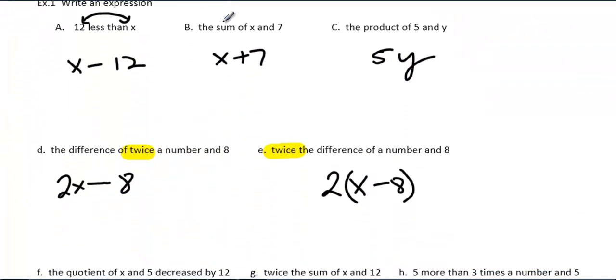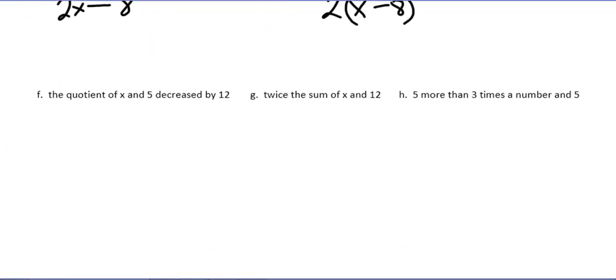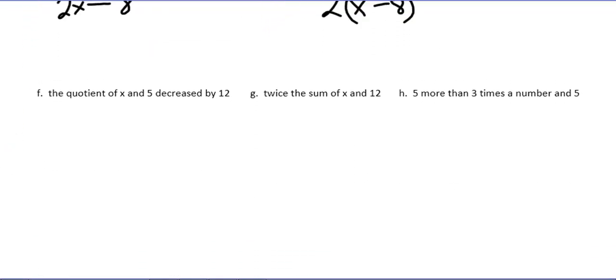Notice in example B, previously, up here, there were no parentheses used. There were no parentheses used in D, because neither one of these had an operation before the words the sum of or the difference of. Let's go ahead and move on. We have 3 more to go.